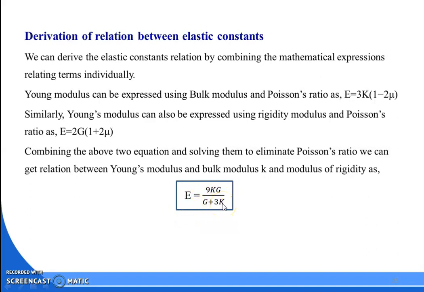So it is all about elastic constants and the relationship between elastic constants. You may be asked in the semester exam the relationship between elastic constants. So you have to write the elastic constants formula, its definition, and then derive the formula and relationship between E, K and G.